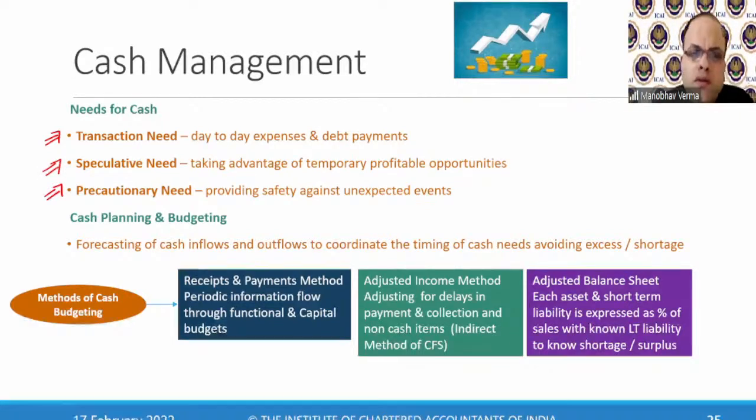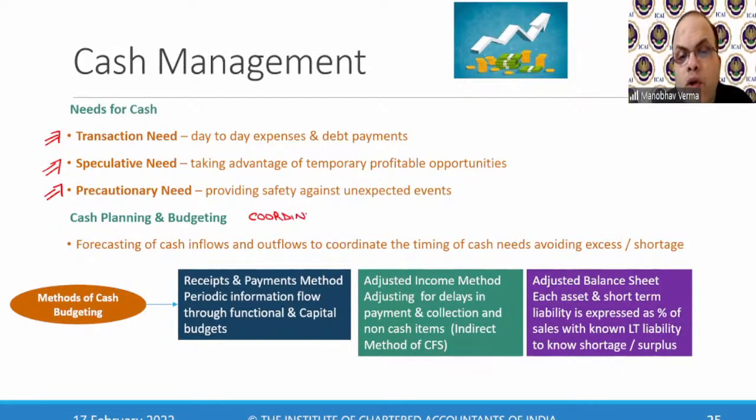Now, whatever the needs, whatever the functions, what's important, guys, is that we need to understand that accurate planning in terms of the cash forecast, both in terms of receipts and payments, is very important. In a nutshell, what we are looking at is proper coordination.